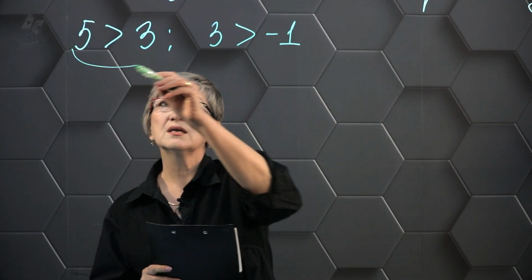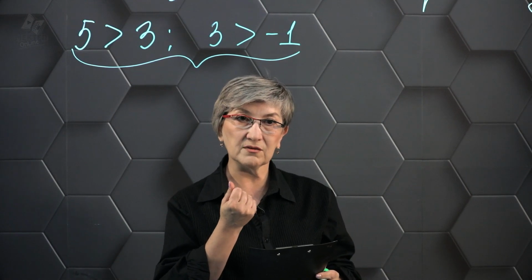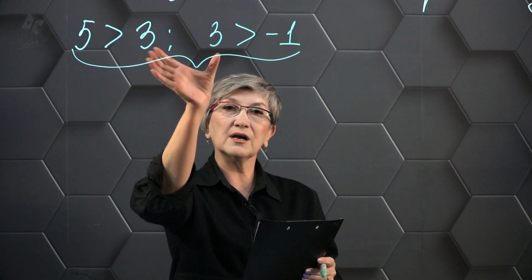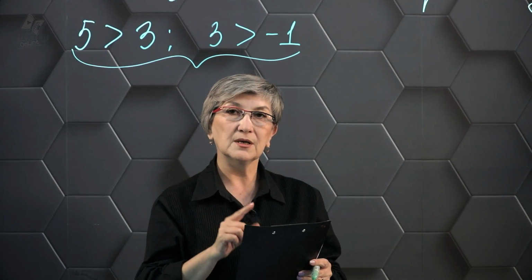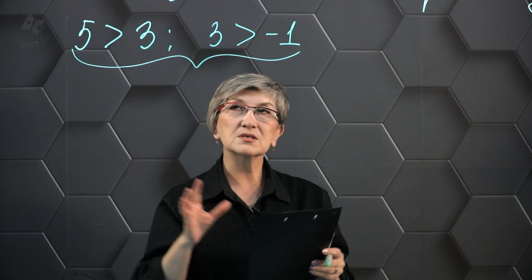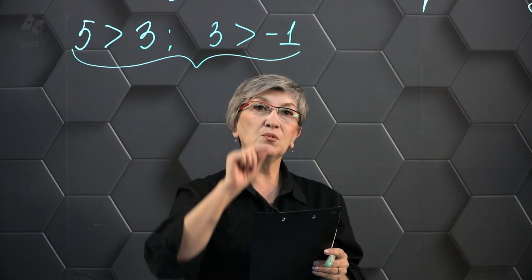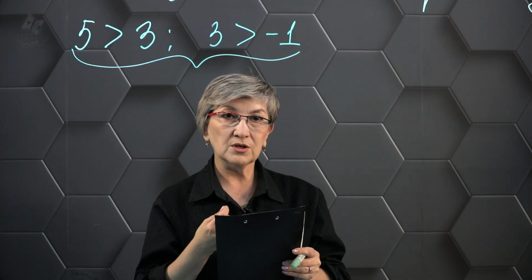We can represent these two inequalities as a single one, but only if we remember that in these two inequalities, the same number is repeated. This number is 3. How can I write these two inequalities as one in mathematics? By employing double inequality. How does this double inequality appear?